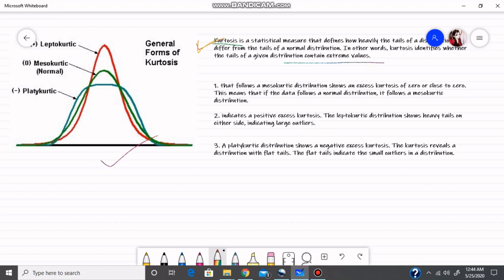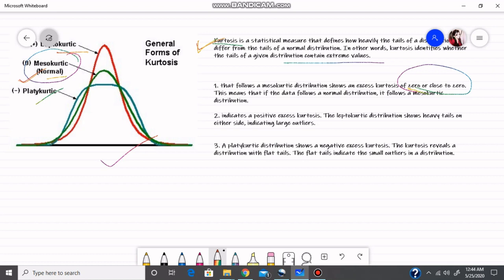Here you can see this image. It has three nomenclatures: leptokurtic, mesokurtic and platykurtic. Starting with mesokurtic, it refers to the normal distribution, where the excess kurtosis value is 0 or close to 0.